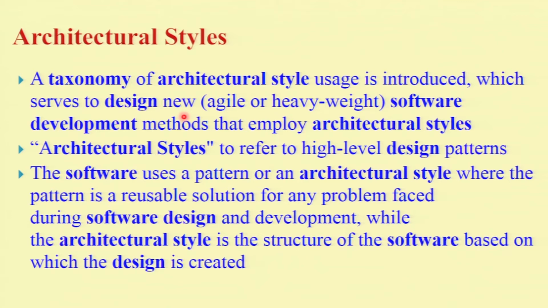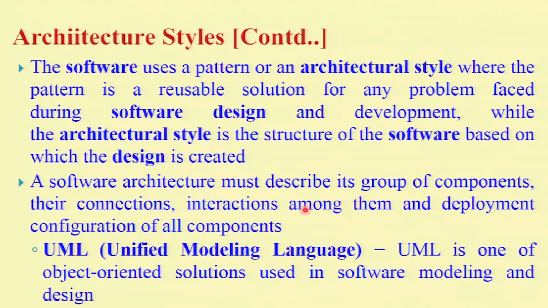A software architecture must describe its group of components, their connections, interactions among them, and deployment configuration of all components. The Unified Modeling Language, popularly called UML in short, is one of the object oriented solutions used in software modeling and design.